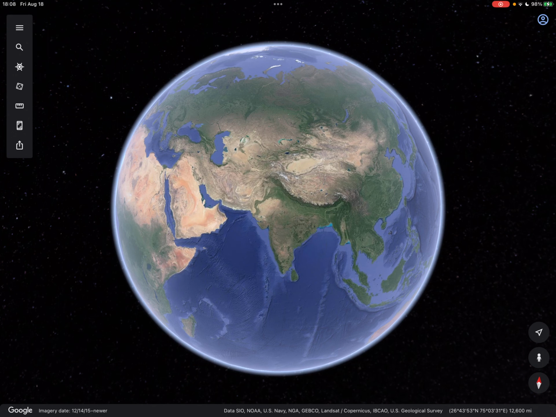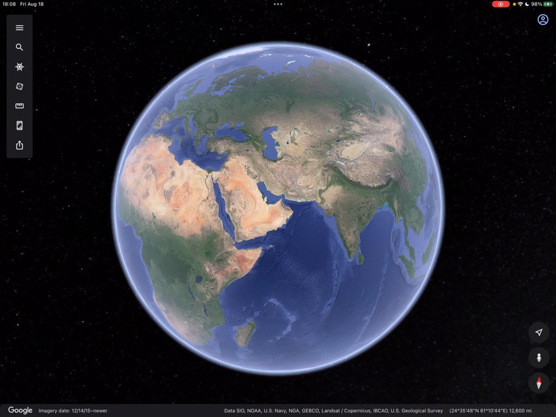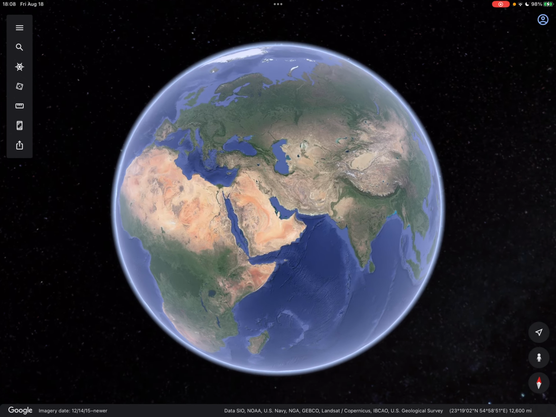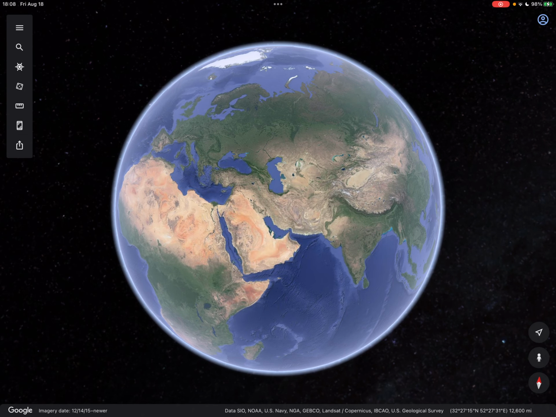So Western Asia, right, would be the part that goes from northeastern Iran. This is Iran, and this is the Caspian Sea. You see the Horn of Africa down below the Gulf of Aden, right?